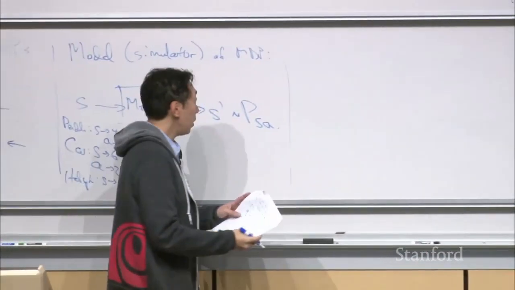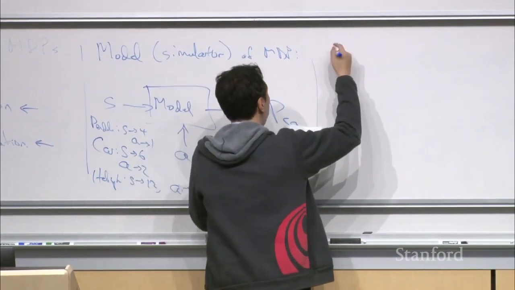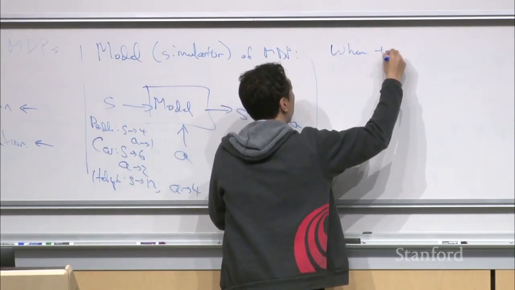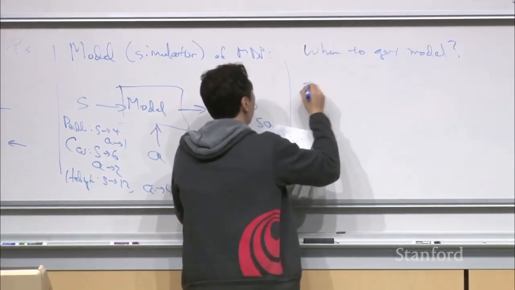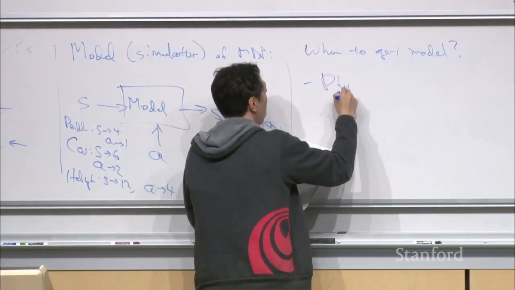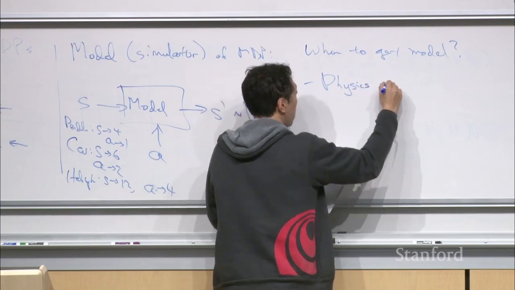All right. So how do you get a model, right? One way to build a model is to use a physics simulator.